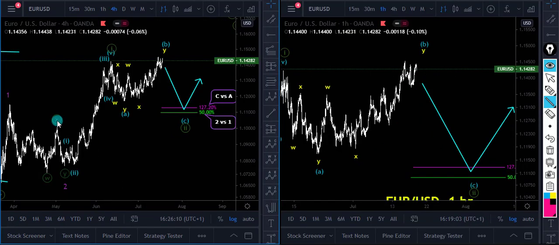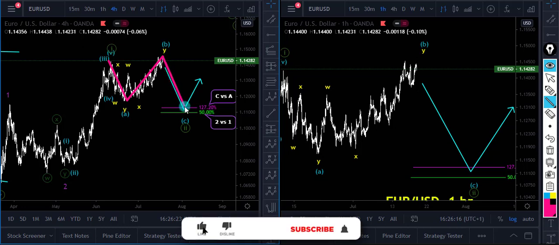With Euro USD, on the 4-hour time frame, we've seen wave 1, wave 2 upwards for wave 3. With wave 3, we've seen a 5-wave impulsive up for wave 1, and now we are also looking at an A, B, and a potential move downwards.